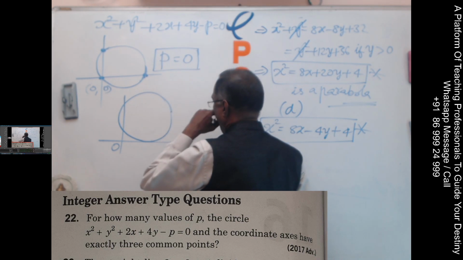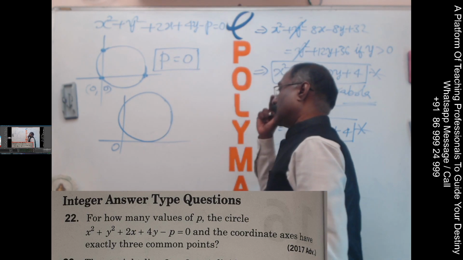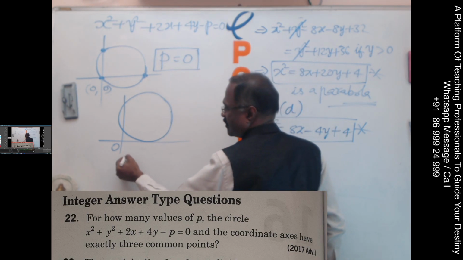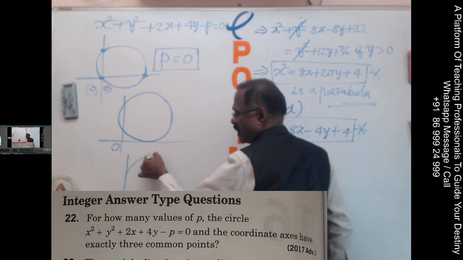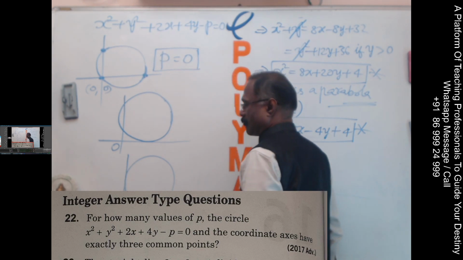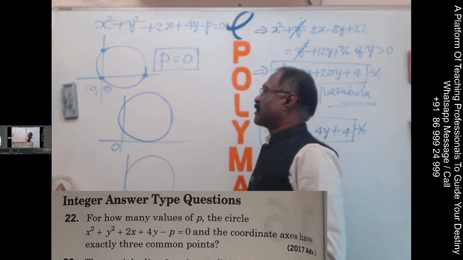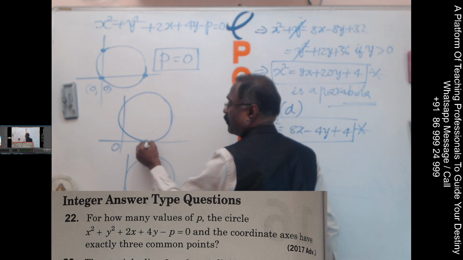It may be like this. Or the circle is touching the y-axis and intersecting the x-axis. These are the 3 different cases where 3 common points are possible.